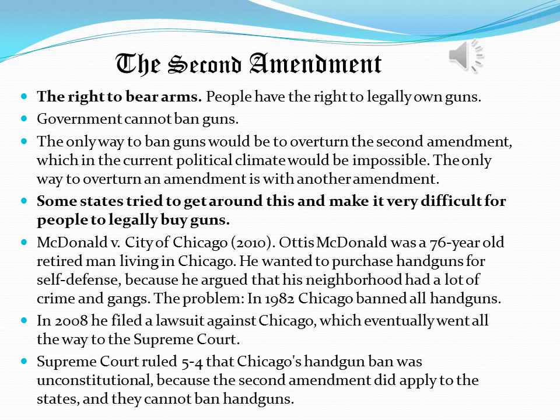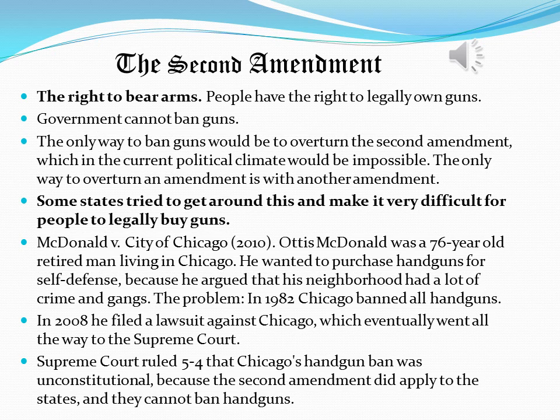The only way to overturn an amendment is with another amendment, and it would be impossible to do in this country today. Some of the southern states, who are generally more gun friendly, will never agree to it.